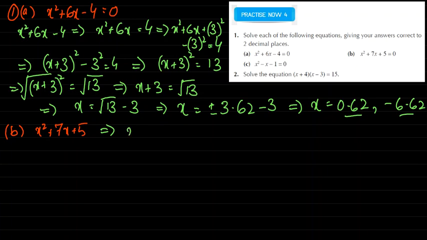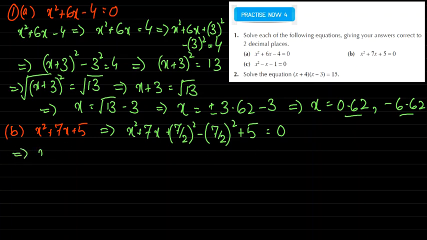So it becomes x square plus 7x plus 7 divided by 2 whole square minus 7 divided by 2 whole square plus 5 is equal to 0, right? So it becomes x plus 7 by 2 whole square is equal to 7 by 2 whole square minus 5.